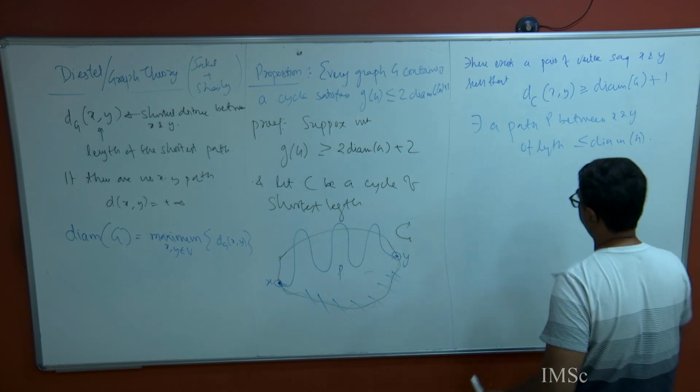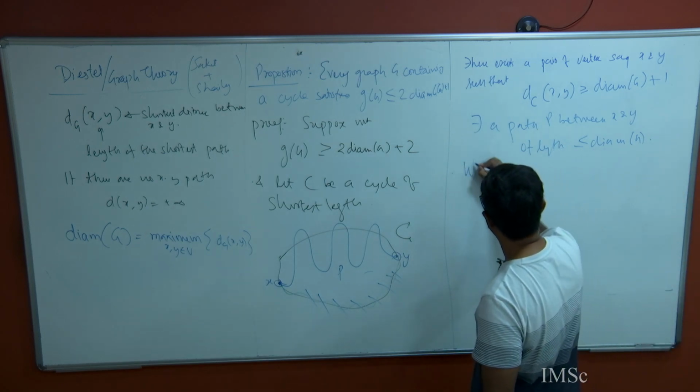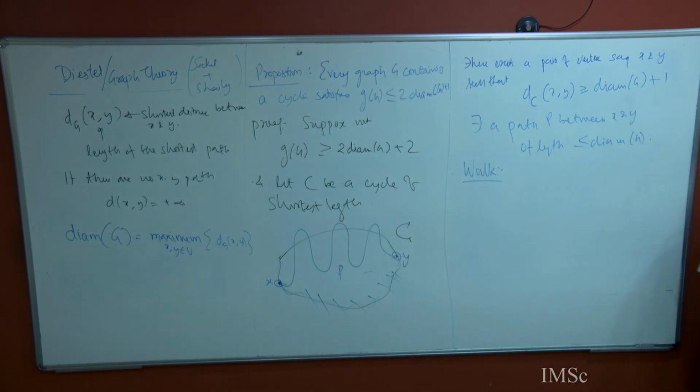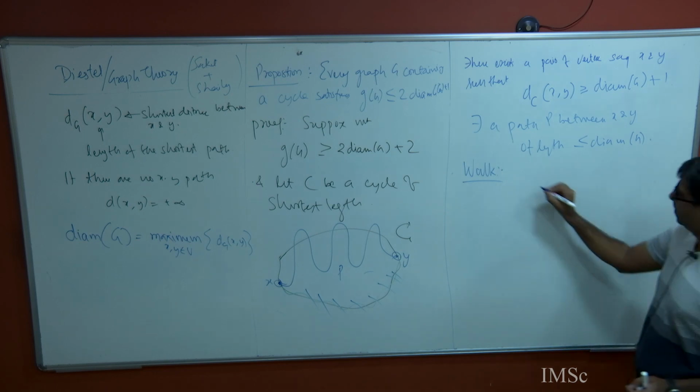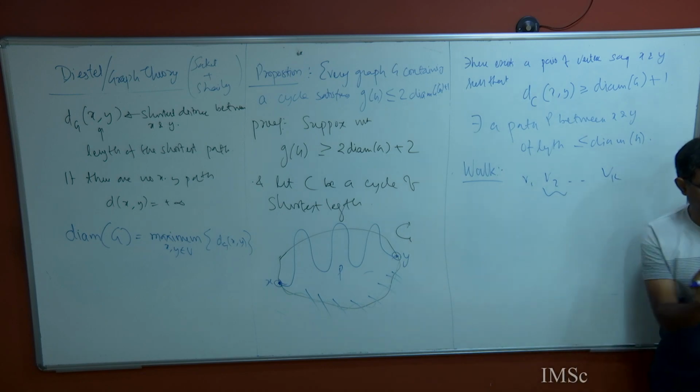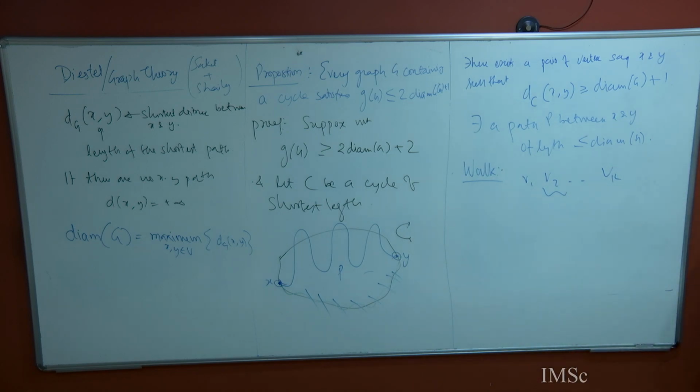Another way of saying that, I have not used the word, and this is the right time to use the word, something called a walk. So what is a walk? A walk is where, of course, consecutive pair of vertices has an edge, but vertices may repeat.